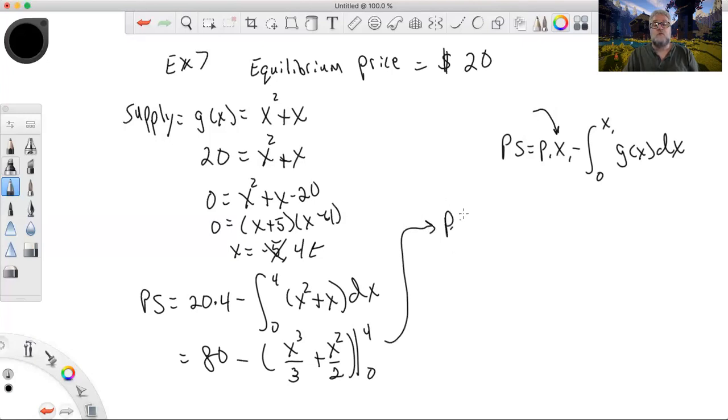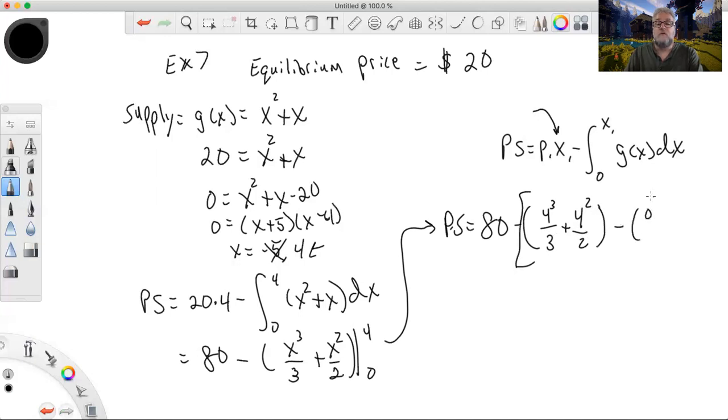So producer surplus is 80 minus, putting in the top limit, 4 cubed over 3 plus 4 squared over 2, minus 0 cubed over 3 plus 0 squared over 2.